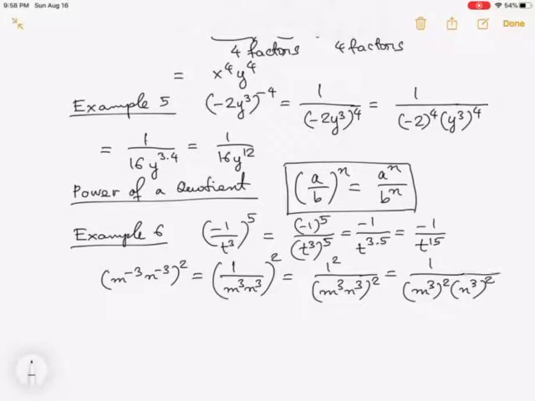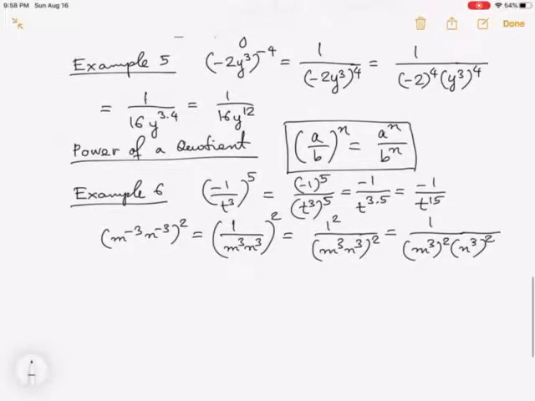It is n cubed squared because of the rule of the product. So this is 1 over n to the power 3 times 2. So 1 over n to the power 6.